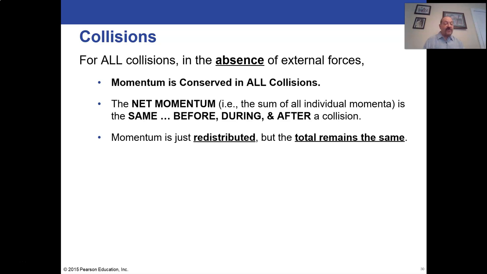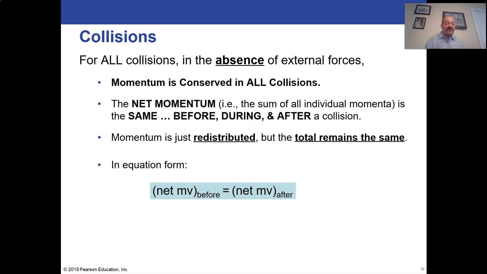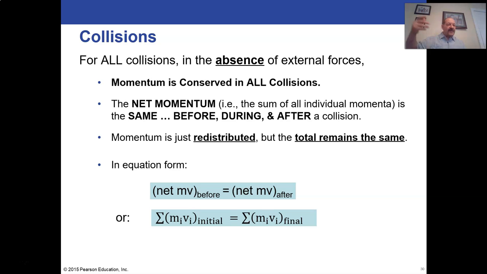It's just redistributed. So in equation form, it means the net m times v before is equal to the net m times v after. Another way to write that is the sum. Remember, this is the Greek letter sigma. It means the sum of all the mv's. So m1 times v1 for particle 1, and m2 times v2 for particle 2, and everything.